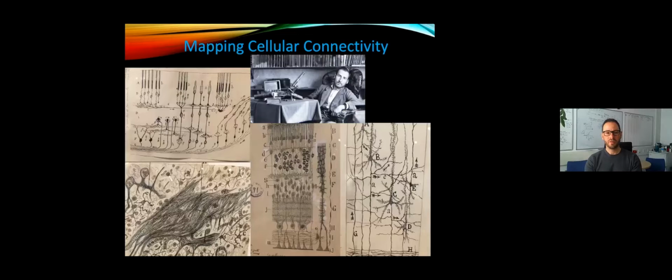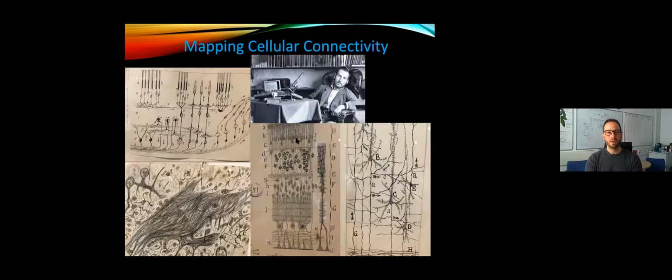But he had this brilliant capacity to combine his love of art and science and microscopy to create what are now known as Cajal diagrams. What he did was take the nervous tissue of animals and stain it with a Golgi stain, a silver stain. And then he would look in the microscope and draw what he saw.